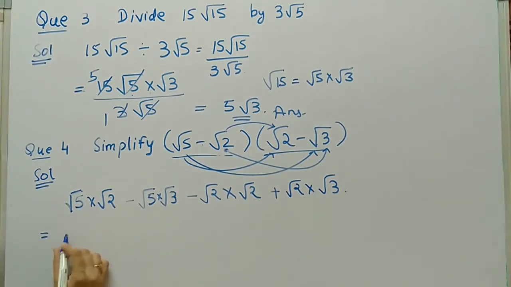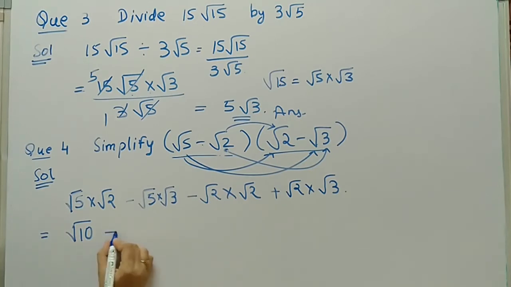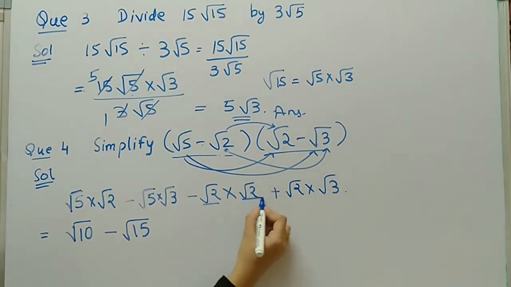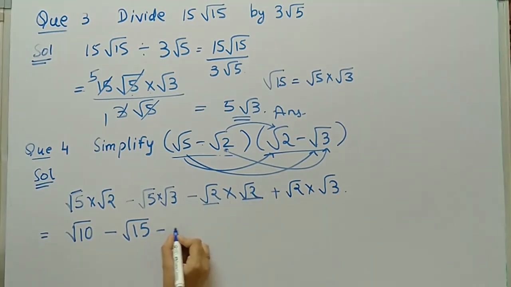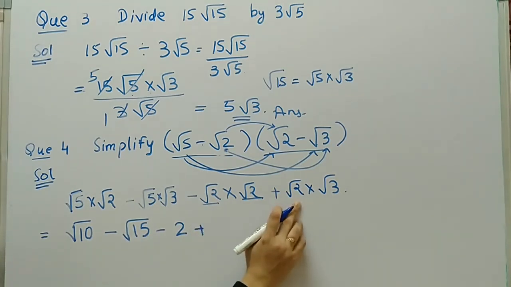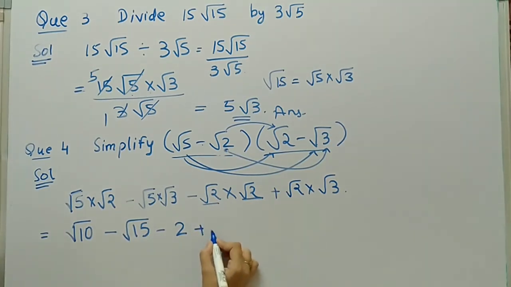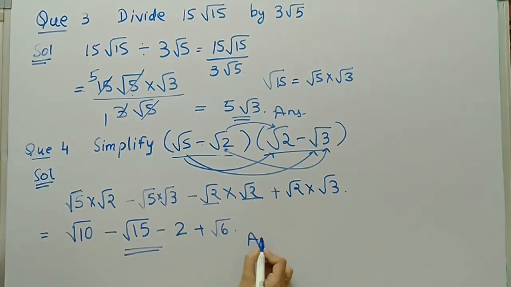Now root 5 multiplied by root 2 will become root 10 minus root 15. 5 3s are 15. Root 2 multiplied by root 2 will be 2 minus 2 plus root 2 multiplied by root 3 will be root 6. So this is our answer.